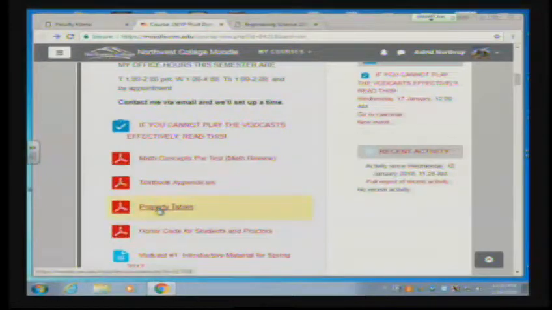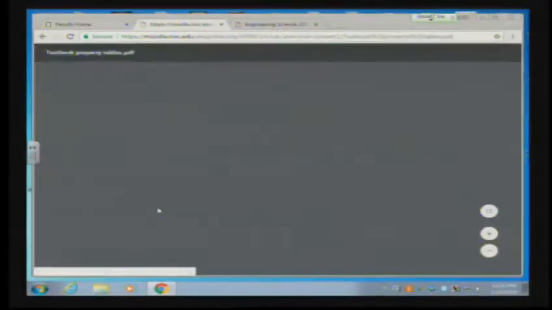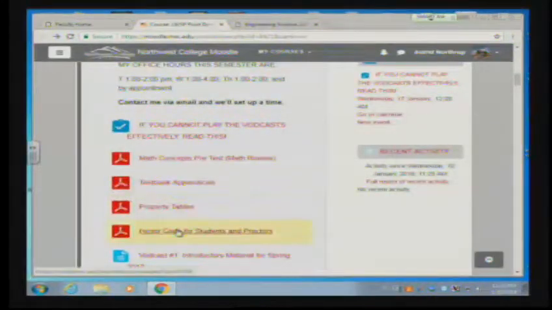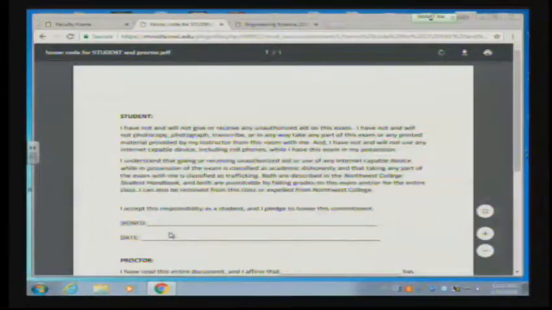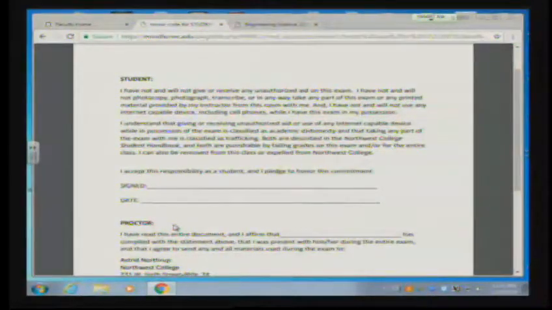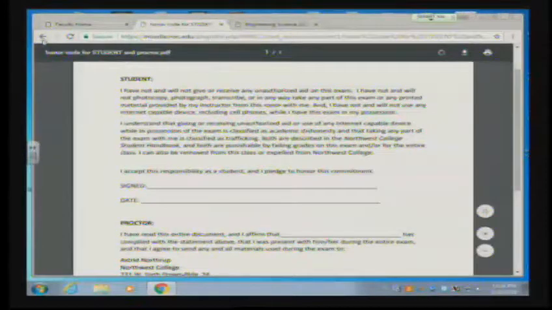Yeah, exactly. So we just talked about the property tables, so we're good to go. The honor code, now for you in this class, this should not matter. But if you do end up taking a test with someone else, like if you're taking your test over spring break and you have to have a high school teacher, for example, proctor it, you'd be required to sign a form, and your proctor's required to sign a form, just stating that you understand that this is a big deal.